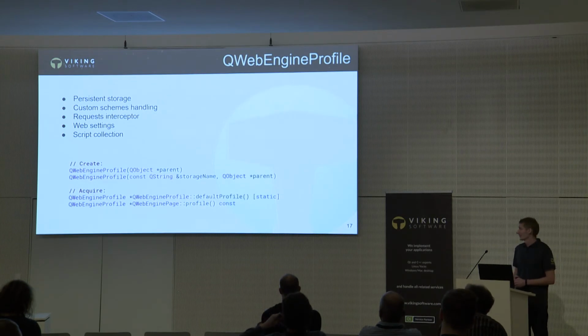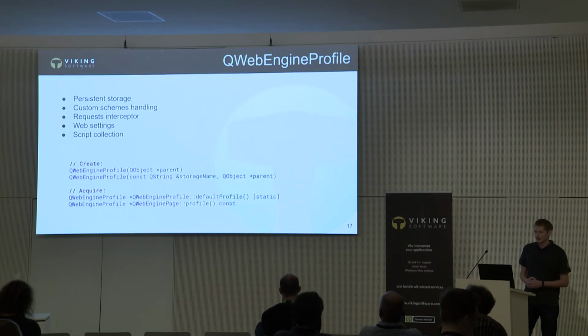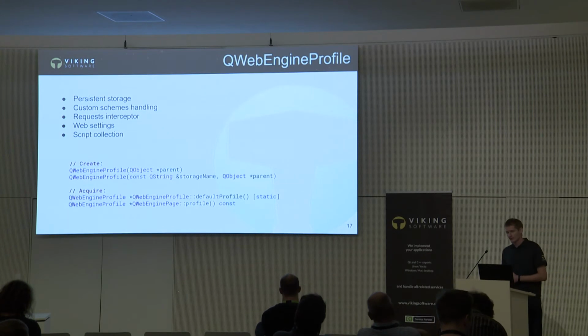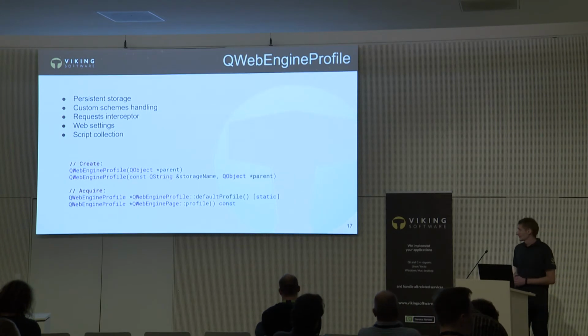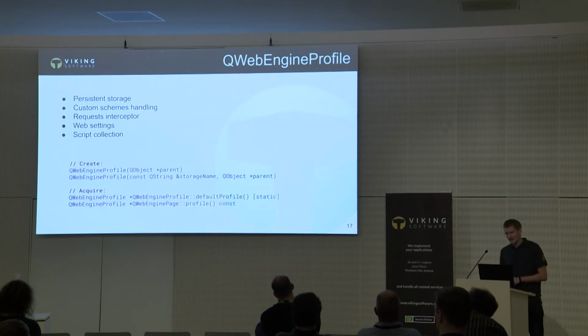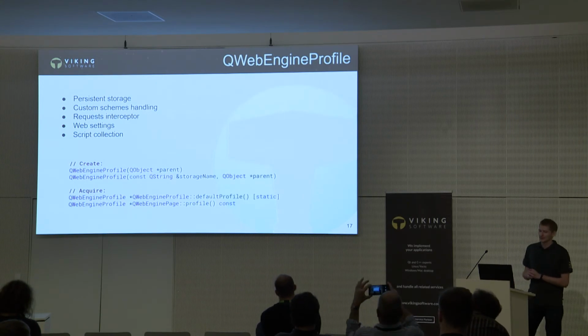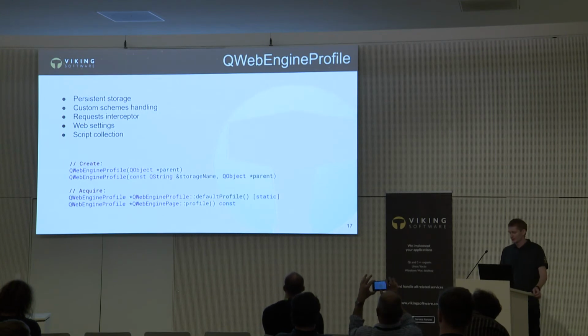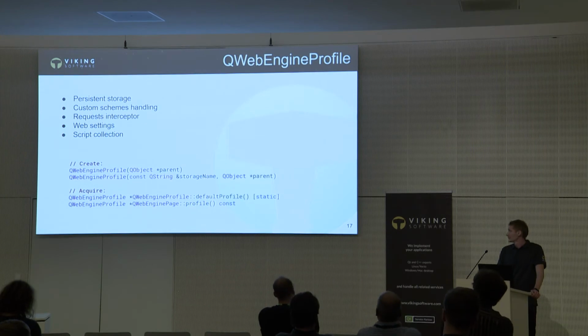Here it's called off the record. To create such an instance, an off-the-record instance of WebEngine profile, we can use just the default constructor without a name. And if we'd like to use and store data among our sessions, we have to use the named constructor.